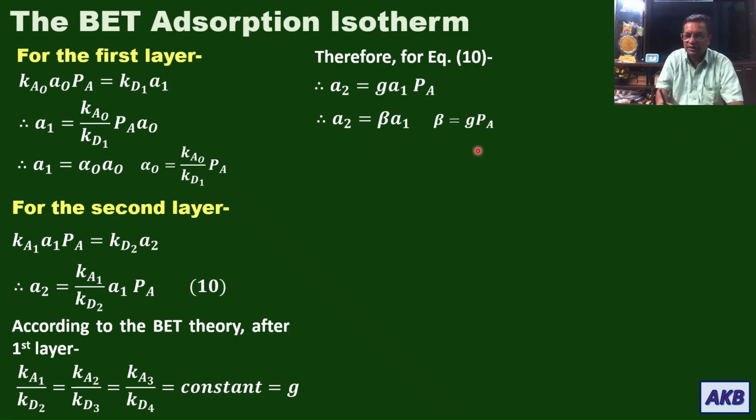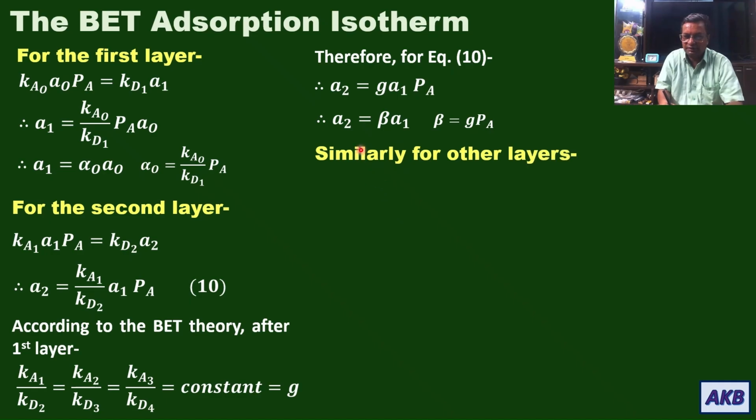And what is beta? Beta is G into Pa. So the product of G and Pa I am replacing with another parameter, that is beta. So A2 is equal to beta into A1.